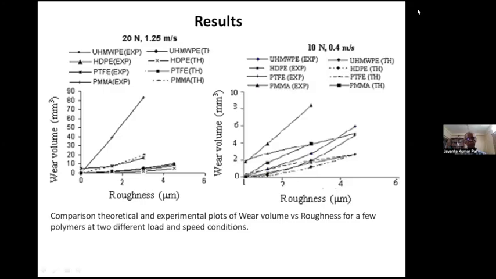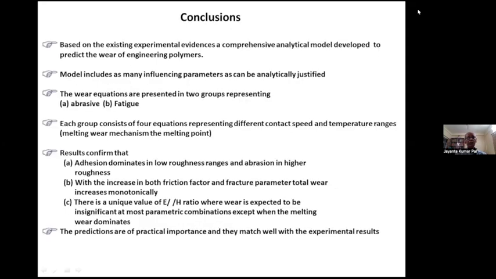So with these two exceptions, I think we can conclude that the experimental and the theoretical results match fairly well. Now we see what we can conclude from this.